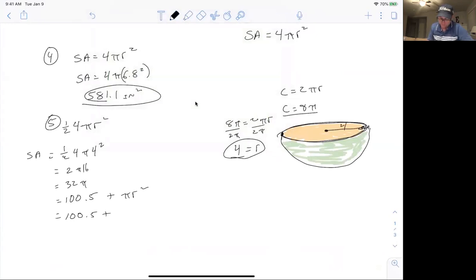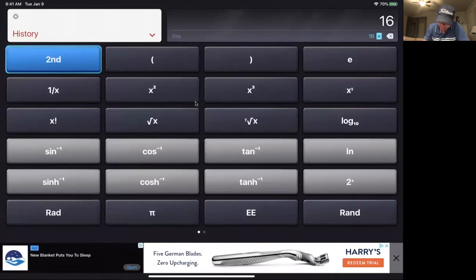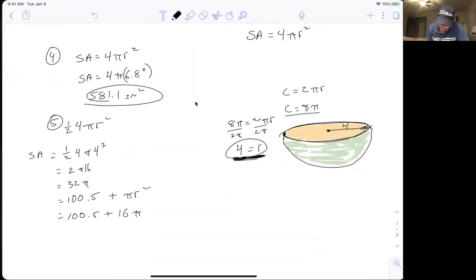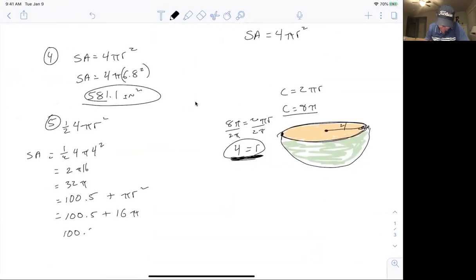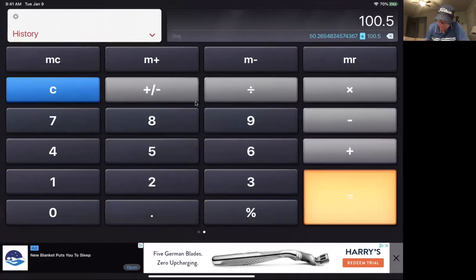And since the radius is the same, that's 16 pi. So the radius was 4. So we'll do 16 pi and get 50.3. Add that to my 100.5, and I get 150.8.